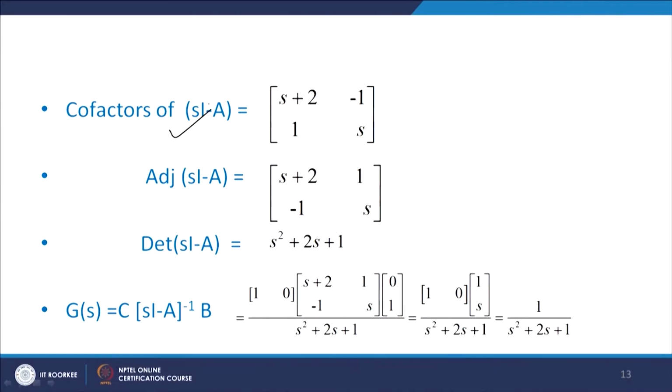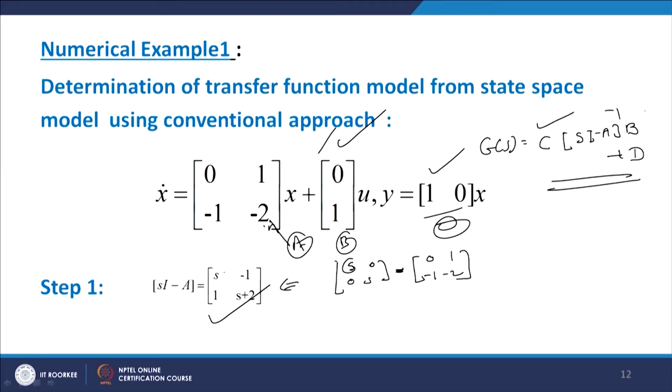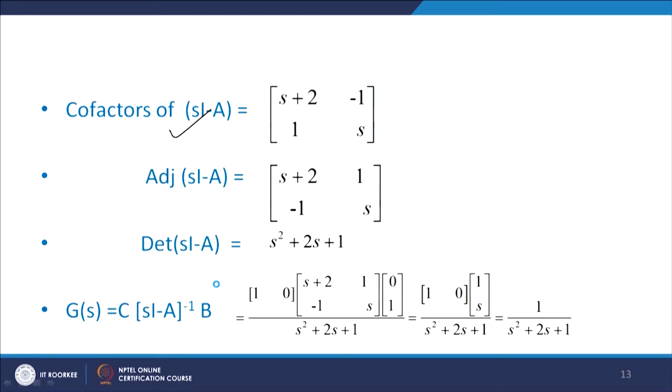Now what we want is its inverse. To get the inverse, first of all we determine the adjoint, and for getting the adjoint we need cofactors. So cofactors of sI minus A. What is the cofactor of s? Cofactor of s is s plus 2. Cofactor of this element is 1, but now here it is written minus 1.